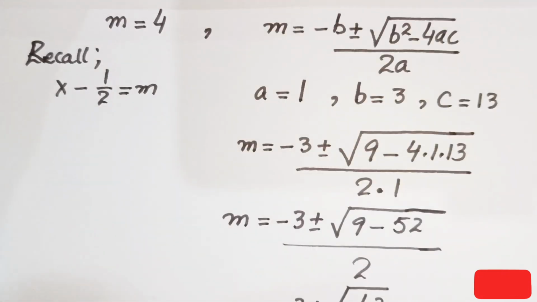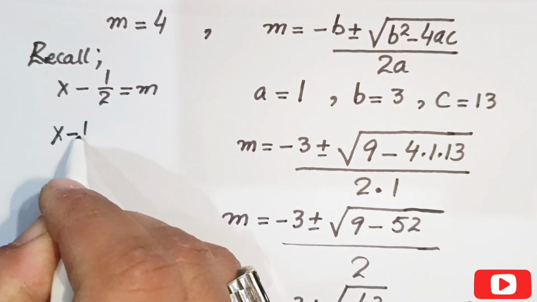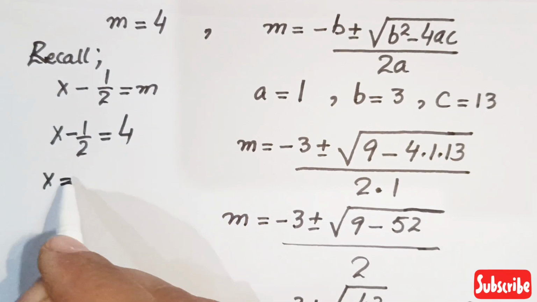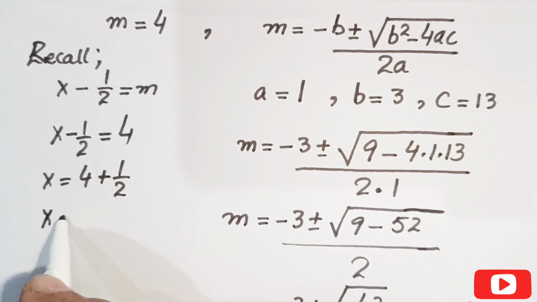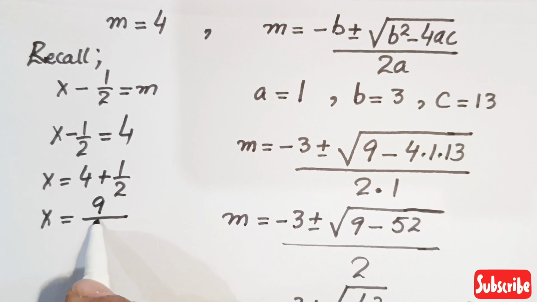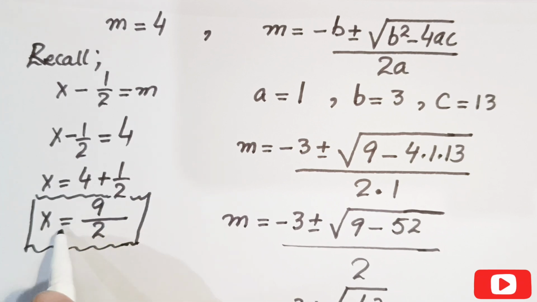Now recalling this, we have the value of m is x minus 1 over 2, m is equal to 4. So here x is equal to 4 plus 1 over 2, shifting this minus 1 over 2, we will get x is equal to 4 times 2 is 8 plus 1 is 9 over 2. So we have the first solution of x, that is x1 is equal to 9 over 2.